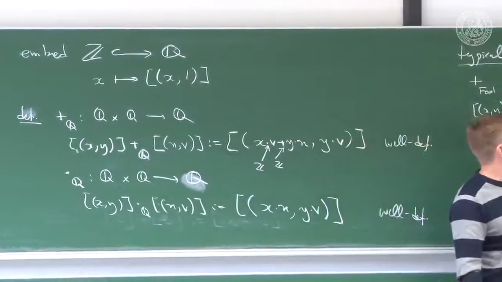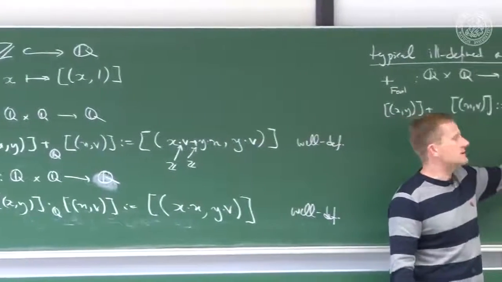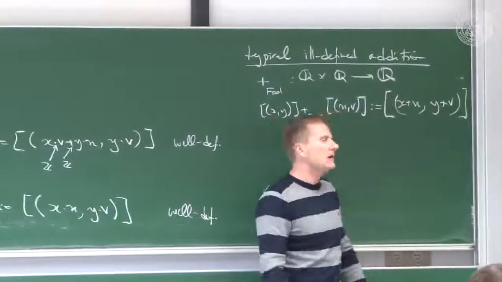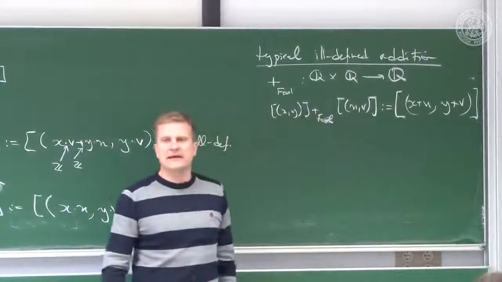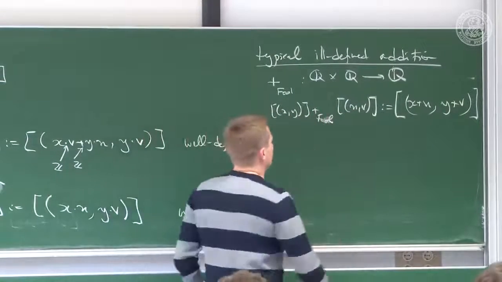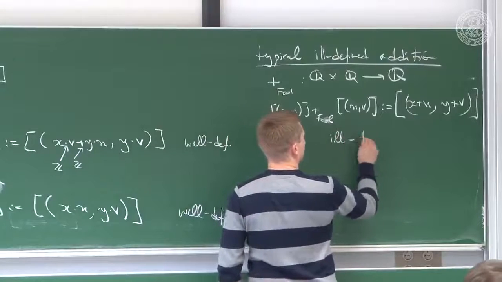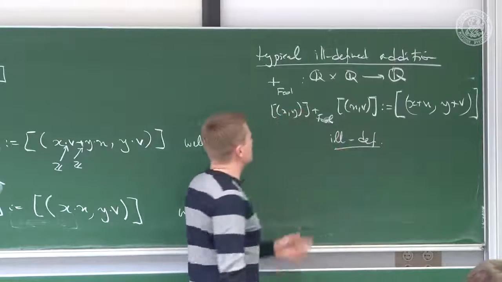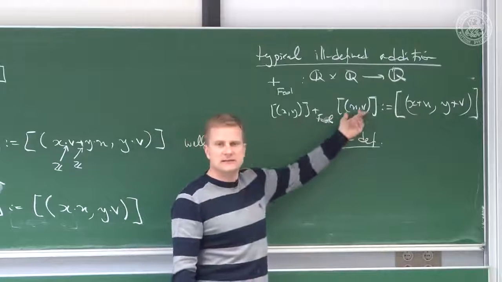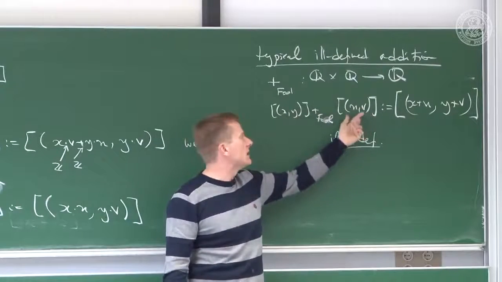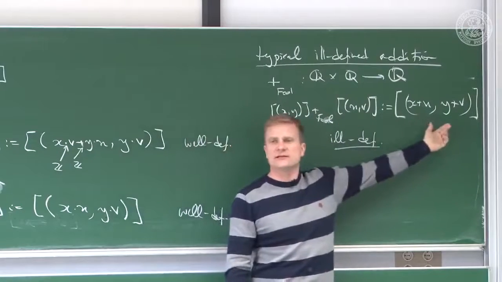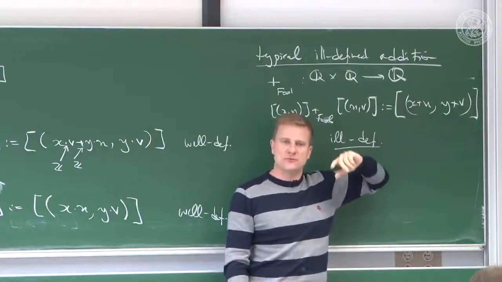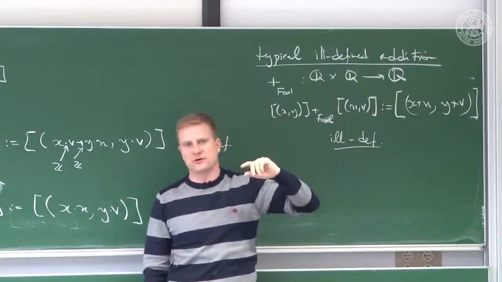So if you take the sum of the numerators and the sum of the denominators, you might delude yourself into defining an addition, but here it will actually turn out this is ill-defined. If you now choose different representatives for the same fractions, this addition will generically yield a different fraction than with the other representatives you chose before.